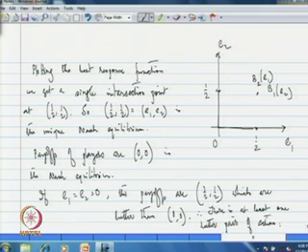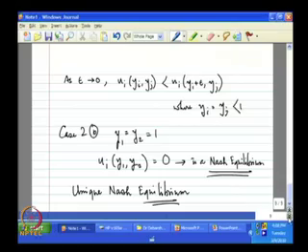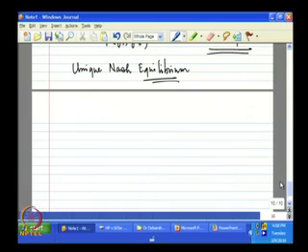So, that is it. What we are going to take up now is another application of Nash equilibrium, which is known as the auction. So, what does auction mean? Auction basically is a problem of allocating some precious resource among contending parties.